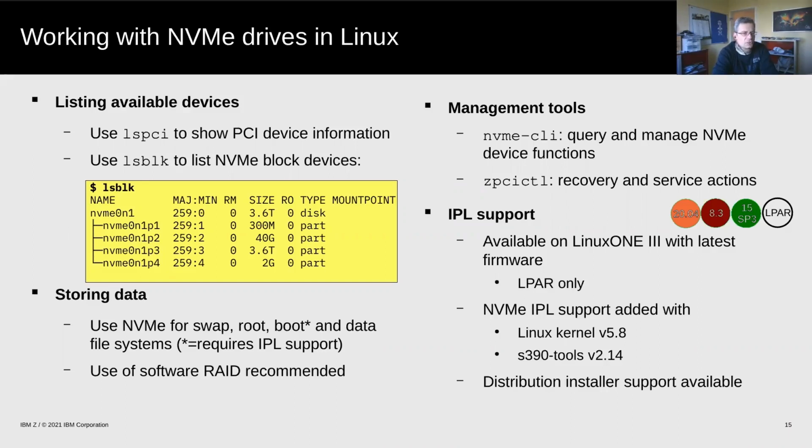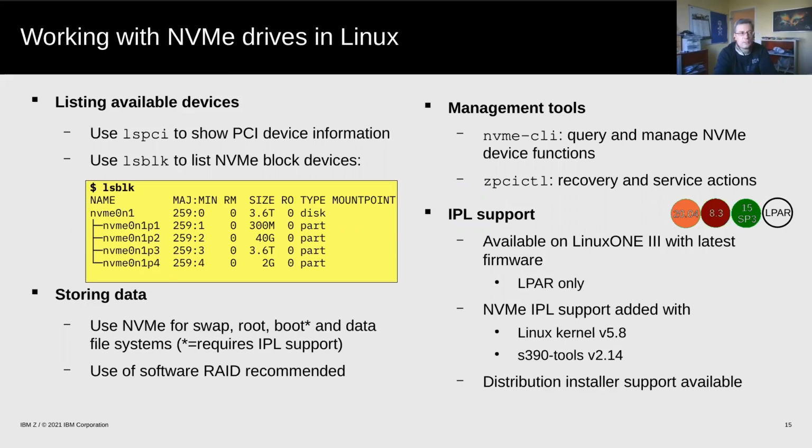If you want to just store data on it, the service levels which I mentioned before, printed on the previous page, apply, no problem. So you could use it, for instance, to speed up your swap storage or add it as a data disk inside Linux for workloads which are very I/O sensitive. If you also want to boot from it, that requires what we call IPL support, printed here on the right-hand side at the bottom.